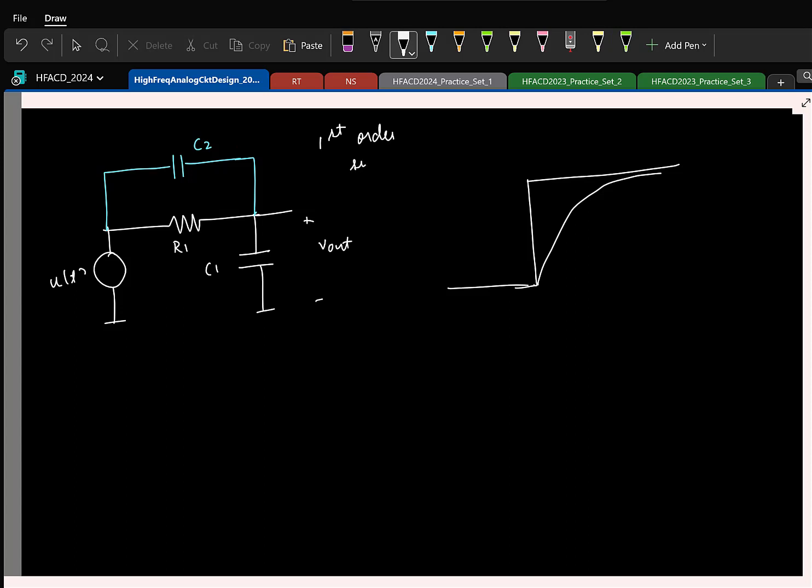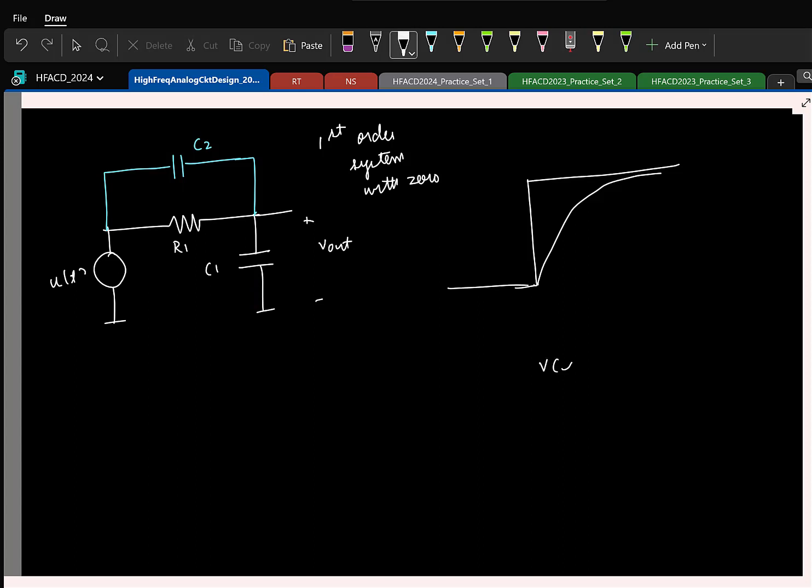So now help me sketch the step response. For a first order system, what are the three things I need to sketch the step response? Initial, final and time constant. What is the final value here? As t tends to infinity, what can you say about the capacitors? So what will happen to the output? 1.